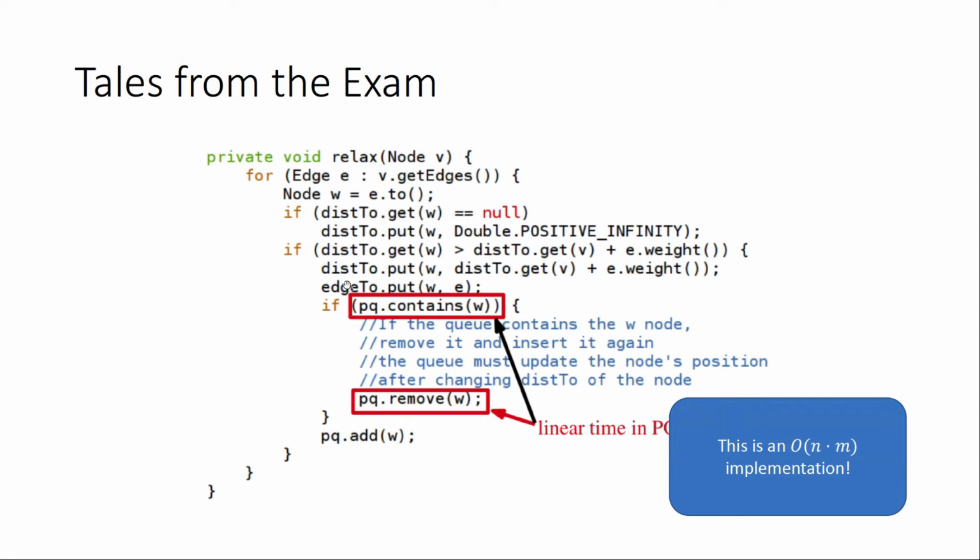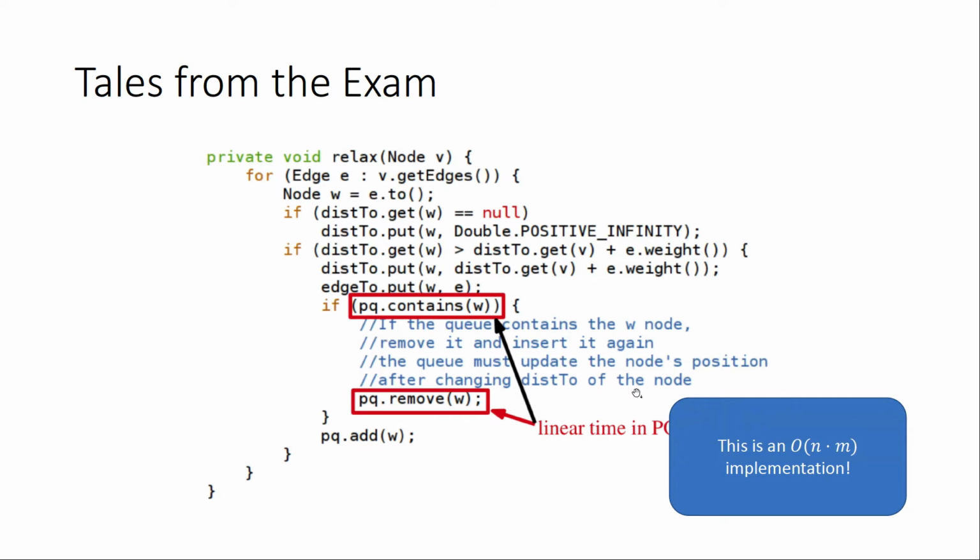But then at some point, it did decrease key by asking the priority queue, do you know this element? And if you know it, you first remove it, and then you insert it again. If I have no idea about running times, I think, oh, this is smart. It doesn't have decrease key, so I just ask, do you know this element? And if you do, I remove it.